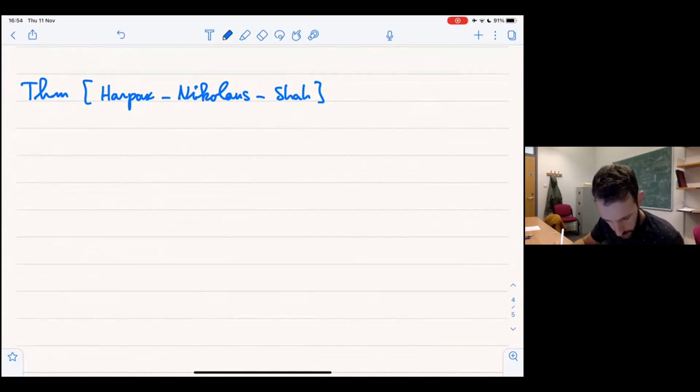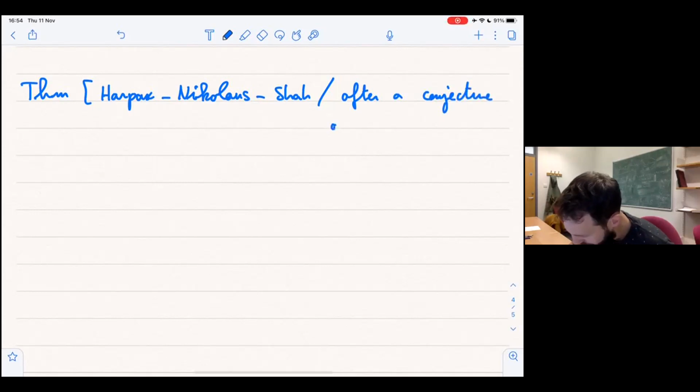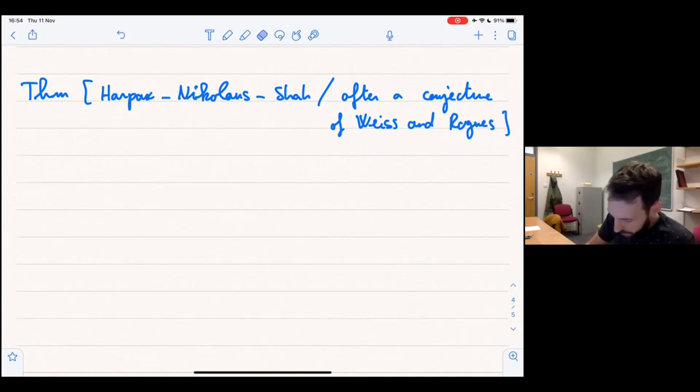So let me just say that, and so their theorem, and this is inspired by, it's a slight tweak of a conjecture of Weiss and Rognes. And they show that you can take TCR and we take it at the prime 2.